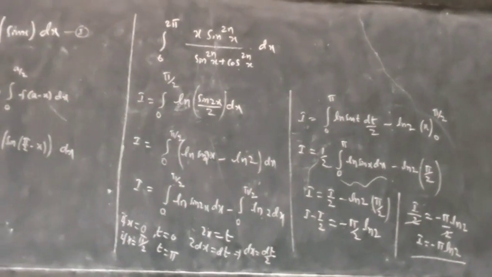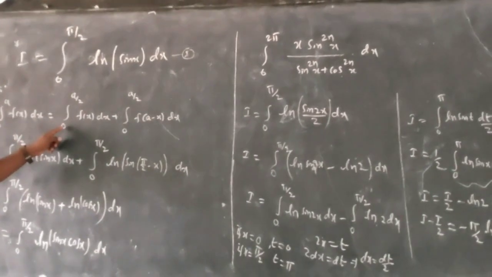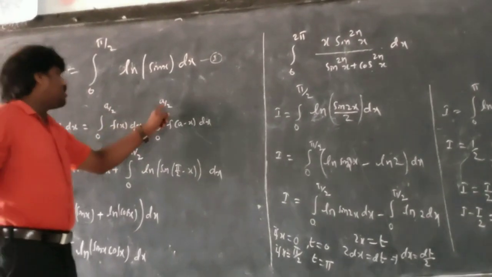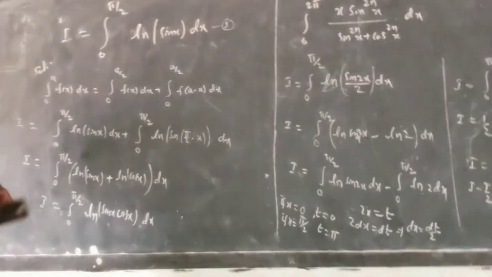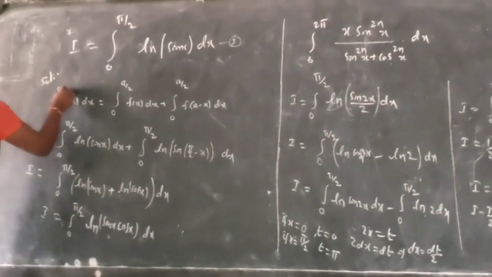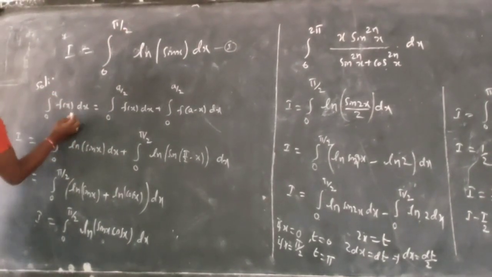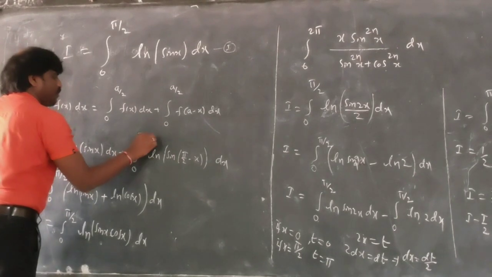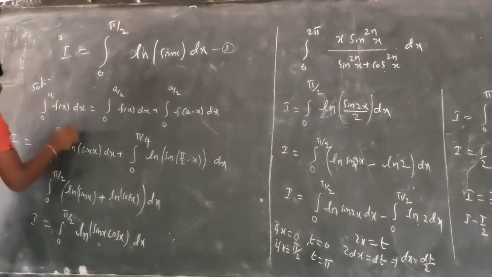Here we have integration 0 to a of f(x) dx is equal to integration 0 to a by 2 of f(x) dx plus 0 to a by 2 of f(a minus x) dx, right? The same thing, but here if you have a by 2, with a being pi by 2, I get pi by 2. Sorry, by mistake I wrote pi by 2. This is pi by 4, because you have pi by 2 here, and half of it will be pi by 4.